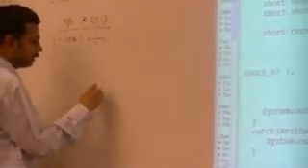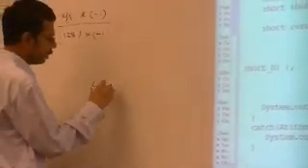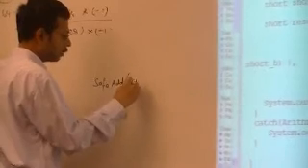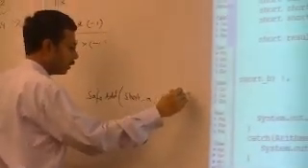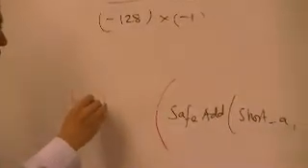So the way I'm calling this is, I'm calling safe add with short_a and short_b, and whatever it returns as an int, I'm passing to this function, check short range.